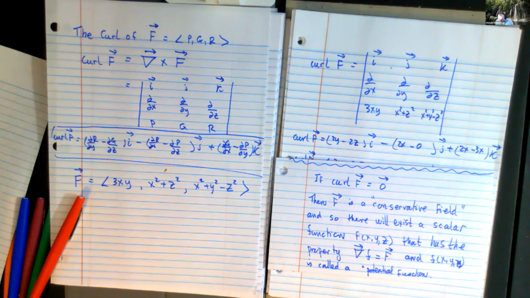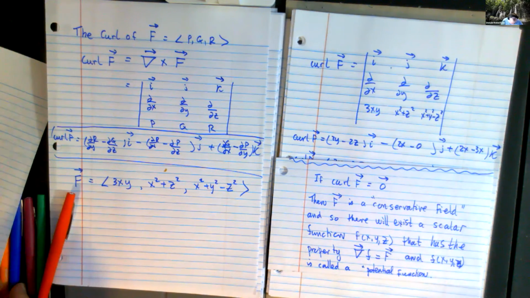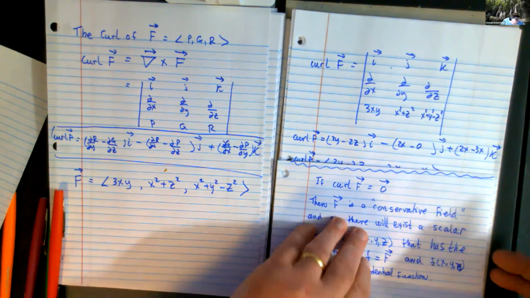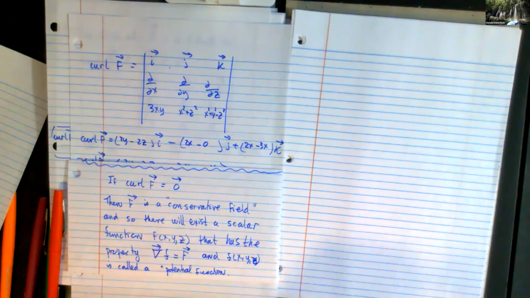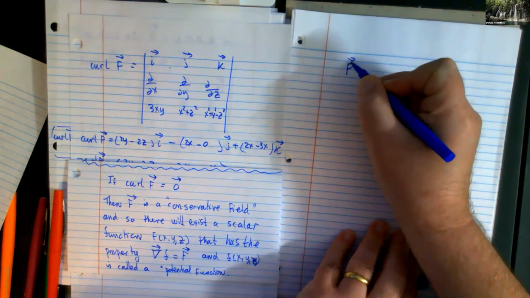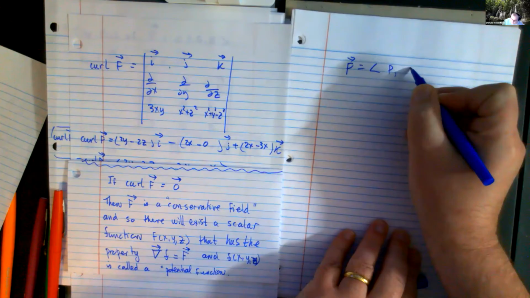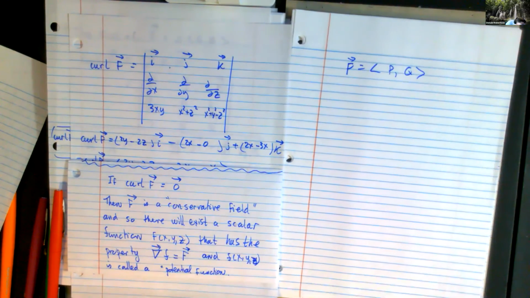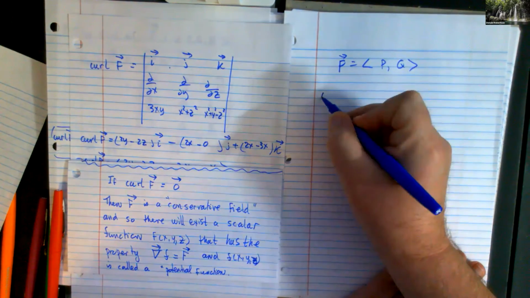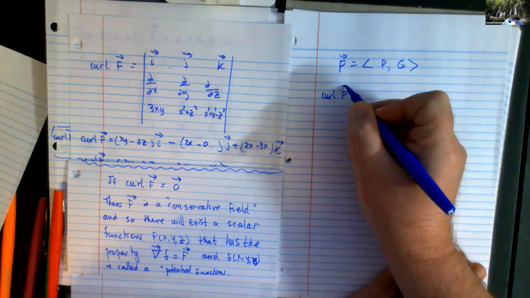Now, when we did conservative fields, didn't we just do the 2D test? Can you remember the 2D test? Right. Now, if you want to see where that 2D test comes from, let's pause for a minute. Then you're only going to do a vector field made up of two pieces, right? So it's a 2D one. And when you do the curl of that, the formula changes a little bit.